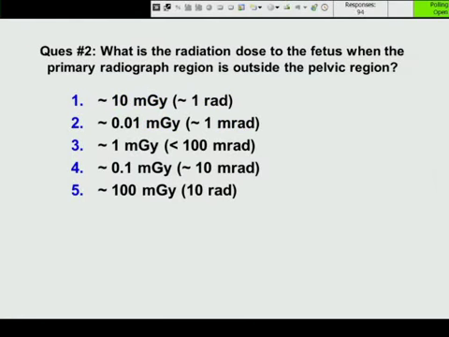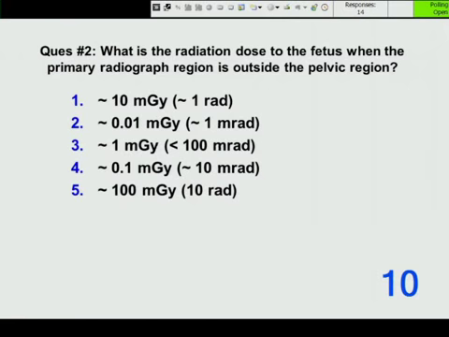The second question: what is the radiation dose to the fetus when the primary radiographic region is outside the pelvic region? Less than 10 milligray, less than 0.01 milligray, less than 1 milligray, less than 0.1 milligray, or approximately 100 milligray?